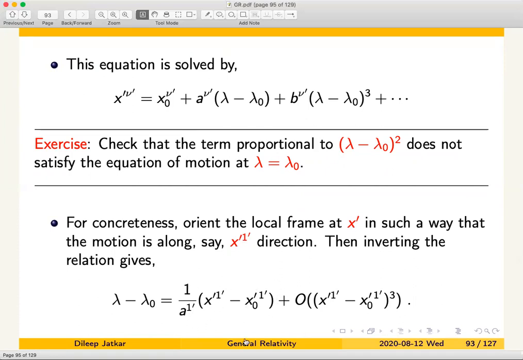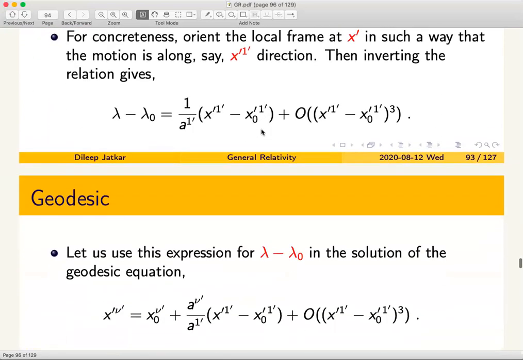Okay, now if lambda minus lambda 0 is like this, then lambda minus lambda 0 cubed would be like x prime 1 prime minus x0 prime 1 prime cubed. So that is roughly the power of the correction that you would have in writing lambda minus lambda 0 in terms of coordinates. Okay, fine. So what we'll do is we'll take this and put it back into the equation.